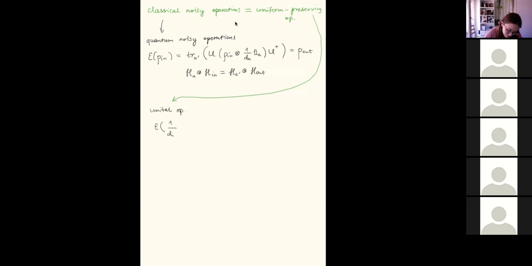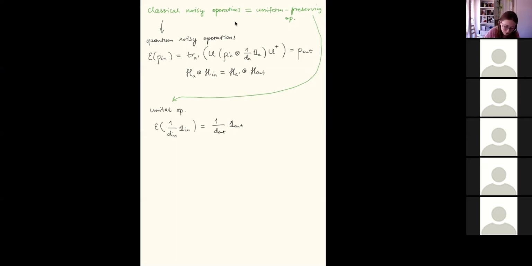So we have the incoming state, which is maximally mixed, and then the outgoing state is also maximally mixed. And there are the following inclusions that we can prove, but it turns out that these two sets do not coincide as they do in the classical case.